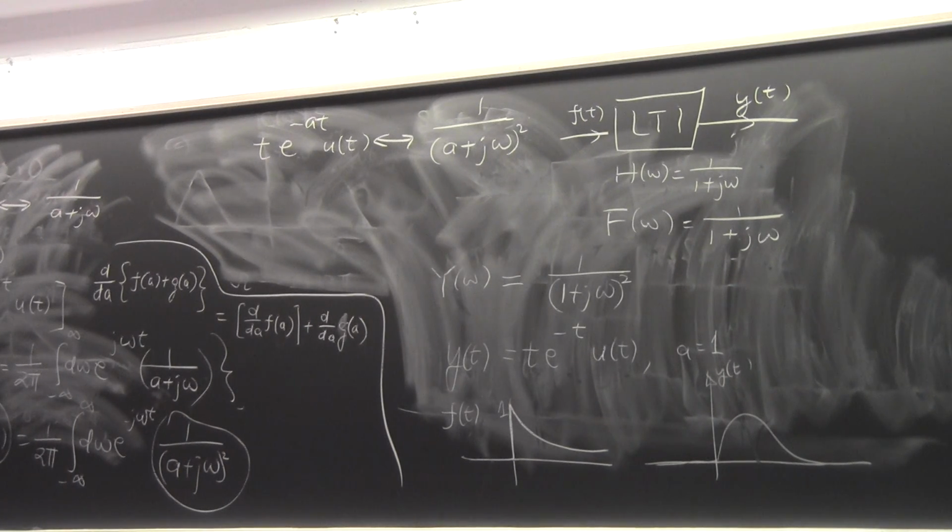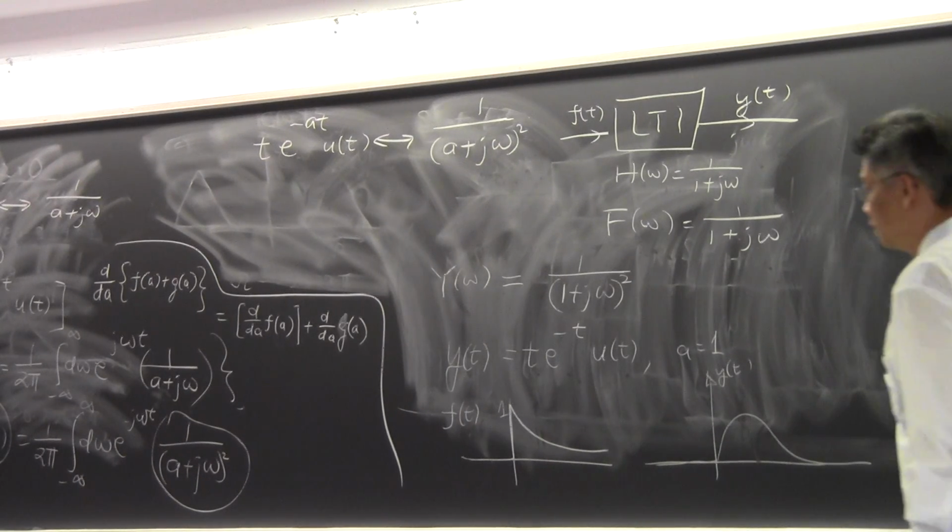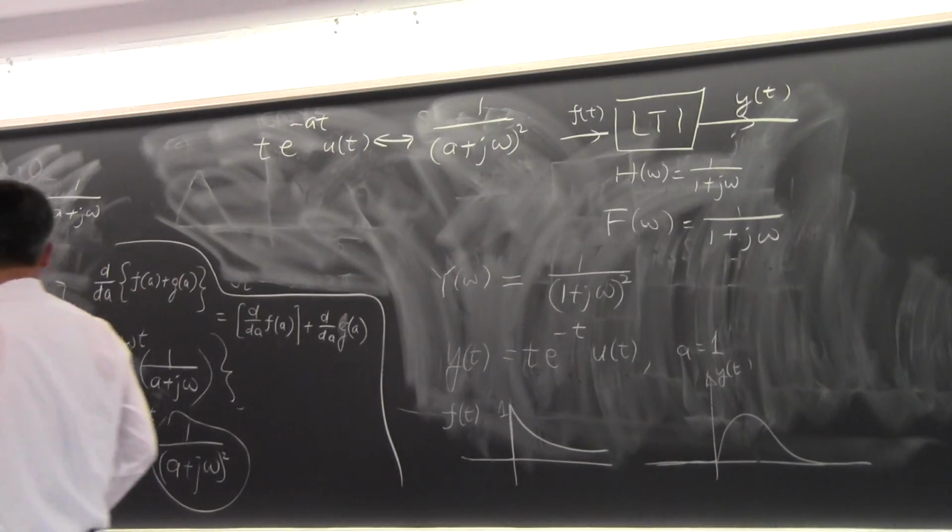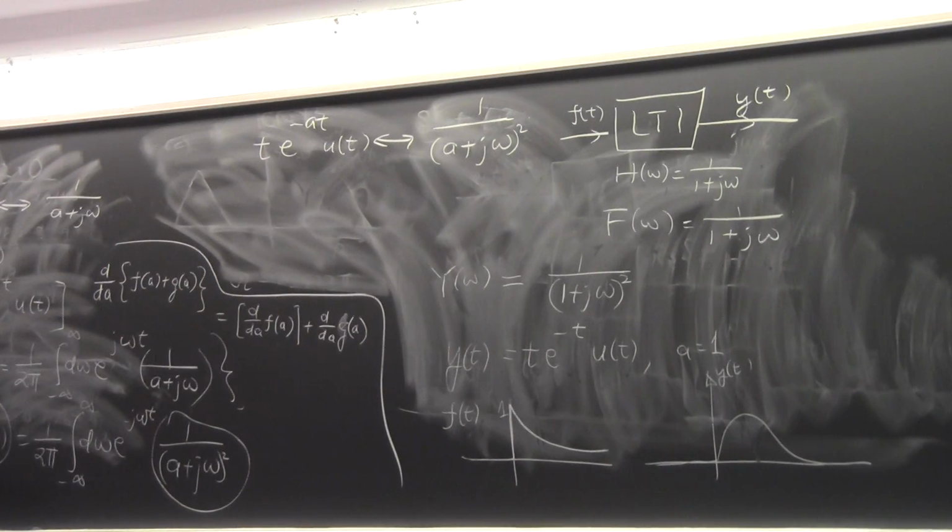I have a question. Yes. Why did it become 1 over (a plus j omega) squared, like in the integral down over there? I'm saying that if I had the left-hand side, I can write it as the derivative of this. Okay?